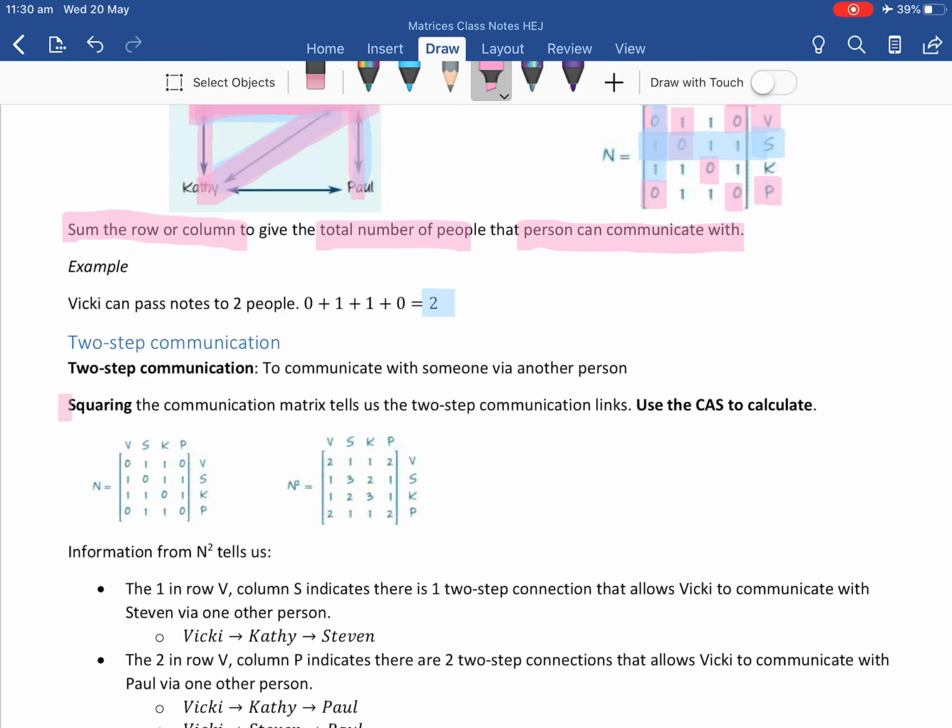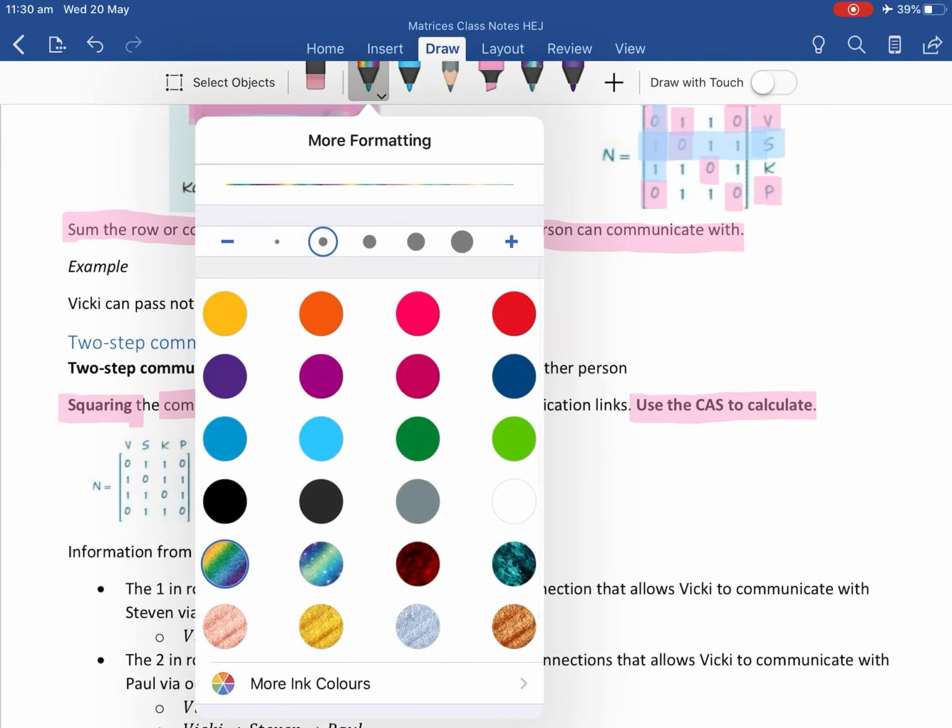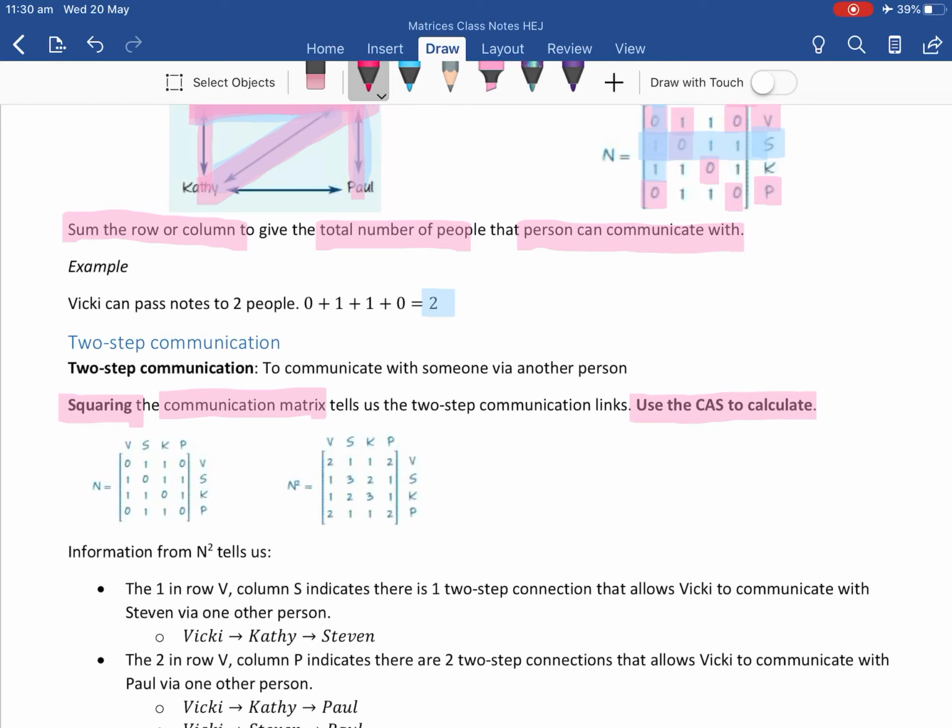So to do this, what we do is square the communication matrix. That tells us the 2-step communication links. It's worthwhile just using a CAS to calculate this. Because remember, when I say squaring, if you have N, which is this matrix here, to get N squared, hopefully you can remember some index laws from last year.